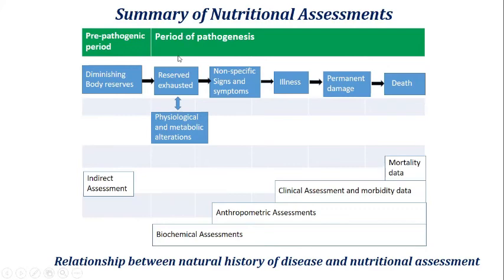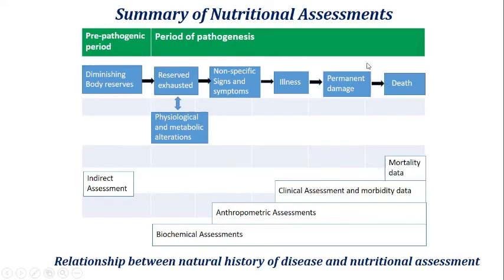Then after the agent enters the host, or in our case, the human, it is called the period of pathogenesis. The pathogenesis phase begins with the entry of the disease agent in the susceptible human host. Okay, then after that, we can identify the deficiency or the malnutrition through these assessments.